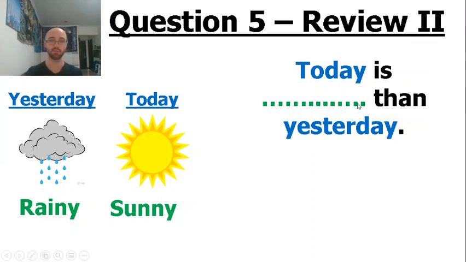It's green, so we need an adjective. So today, which adjective did we have? And remember, how many claps? Sunny. And it ends in a Y. So sunny becomes, just write this down, one moment, and then I will give you the answer.